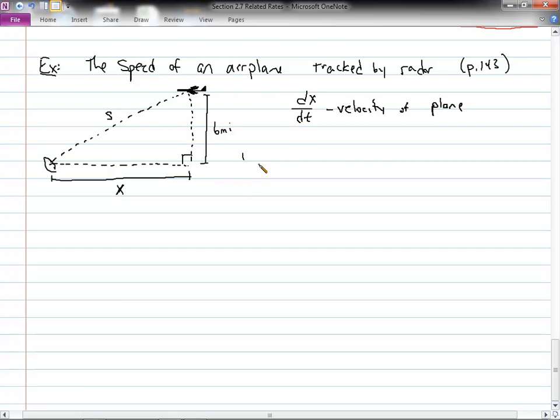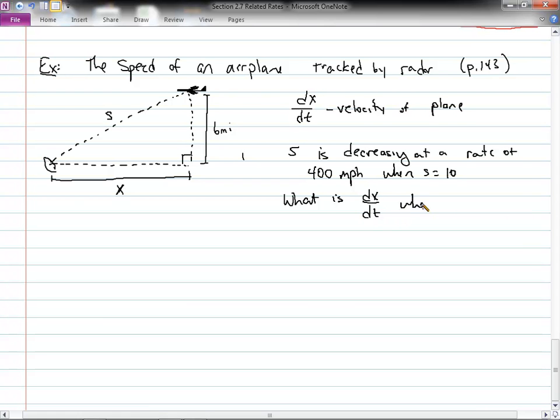They tell us that s is decreasing at a rate of 400 miles per hour when s is equal to 10. Okay? And so they want us to know what is dx/dt when s is equal to 10.